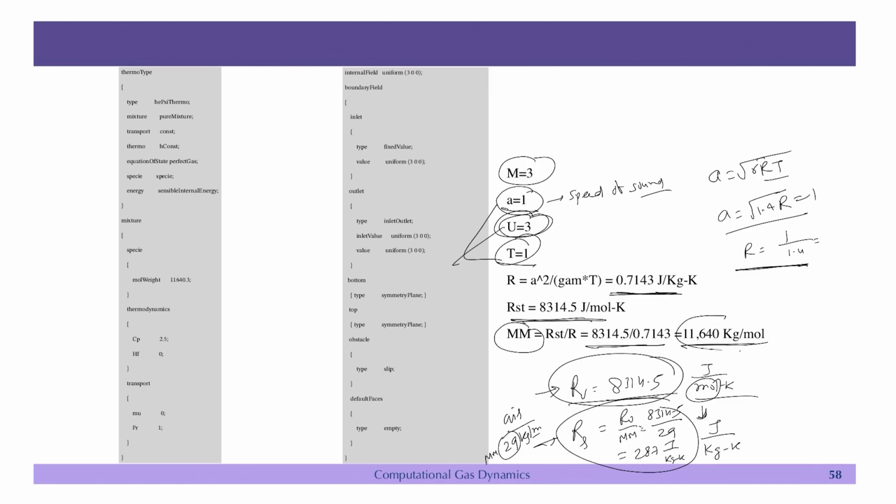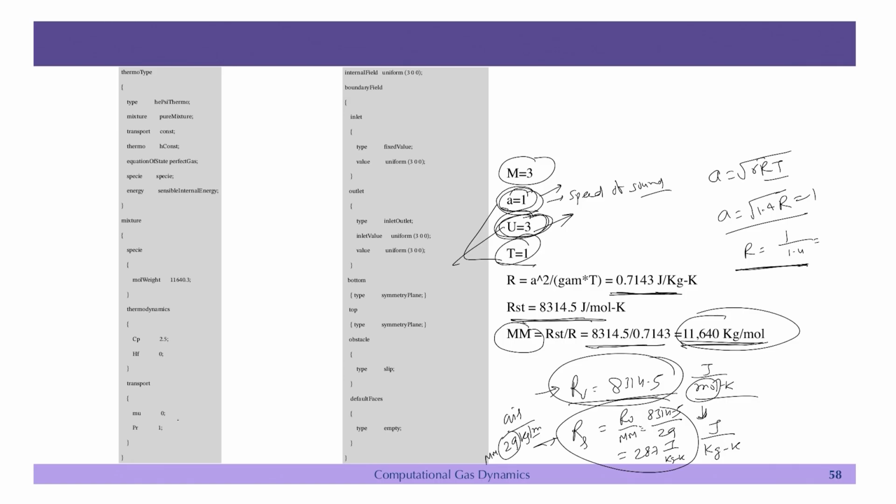If you do not use this, then you are solving for some random gas which does not give you a equal to 1, and you cannot use u equal to 3. So this is one way of setting it up, but you can set it up in a completely different way. You can have a proper ideal gas, let us say air, and then accordingly you calculate a, accordingly you calculate u, and so on. All approaches are perfectly fine.